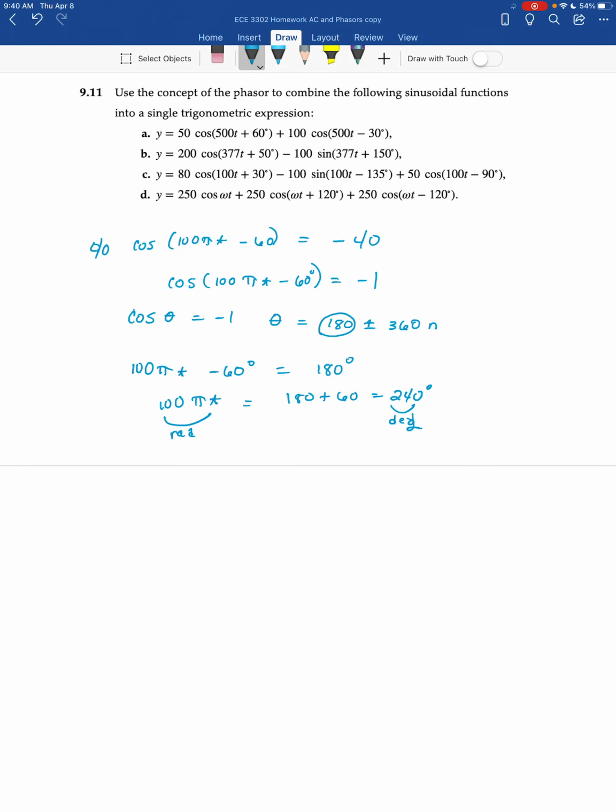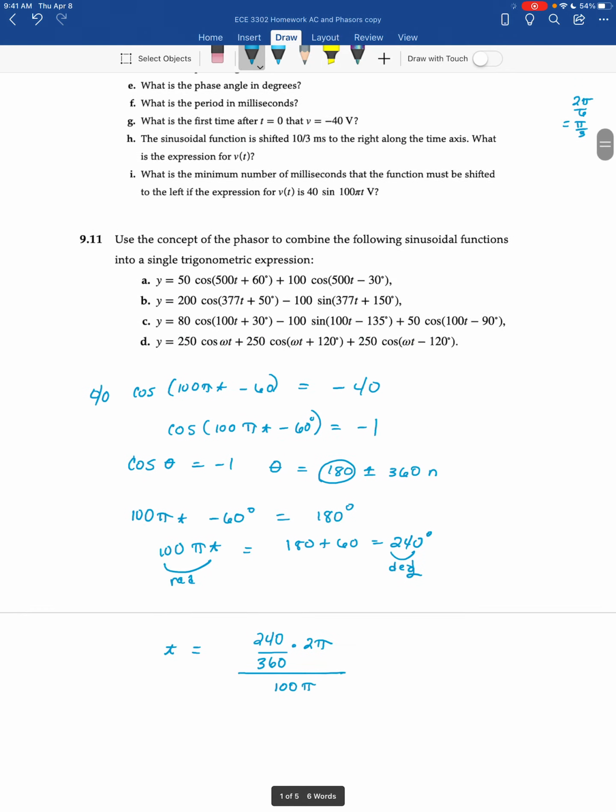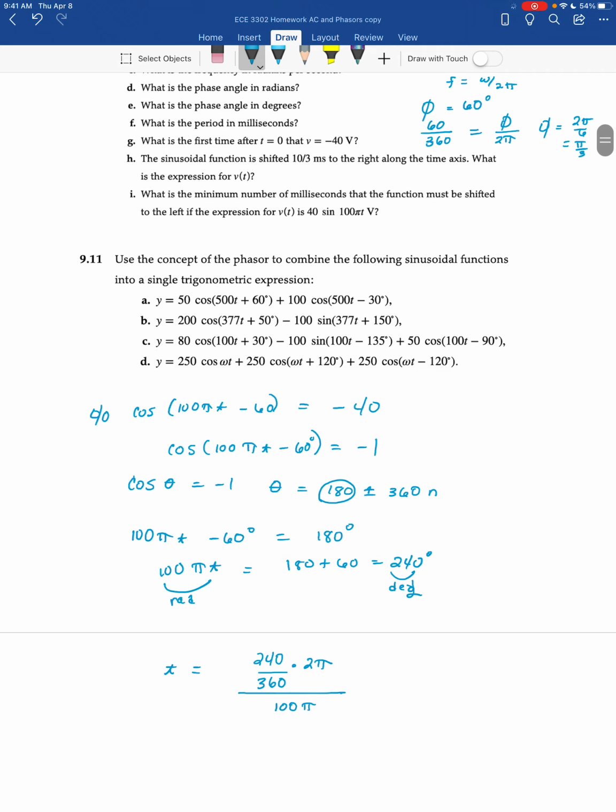So one or the other has to change. So what you want to do is you want to convert your degrees to radians. So t will be this angle in radians, which is 120 over 360 times 2 pi, and then all of that divided by 100 pi. So I'll let you redo that and figure that out.